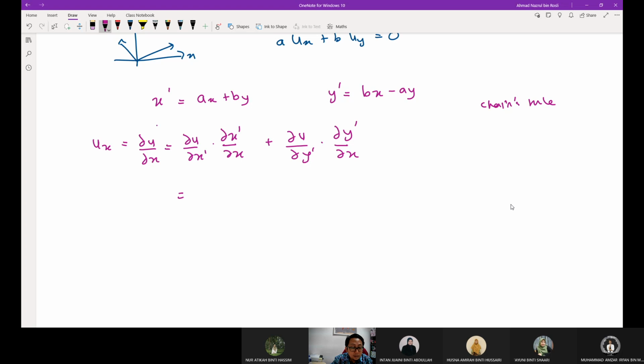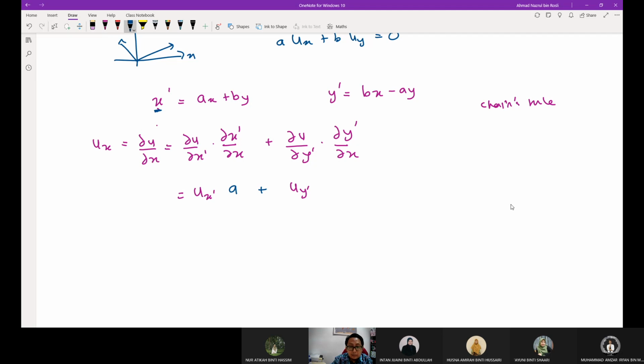So what we have here, du over dx prime is u x prime, times dx prime over dx. Differentiate this over x, you can get the value a, because the b term is only by. Plus u x prime, u y prime, you can get u y prime, and then times the dy prime over dx.